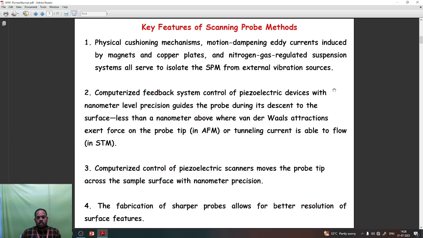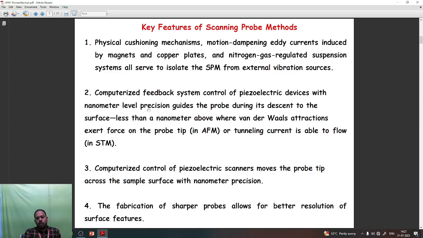So before going into AFM in detail, we will look at the key features of scanning probe methods. In the instrument, there are physical cushioning mechanisms, motion dampening by eddy currents induced by the magnets and the copper plates, and a nitrogen gas regulated suspension system. These all serve to isolate the scanning probe method from external variation sources.